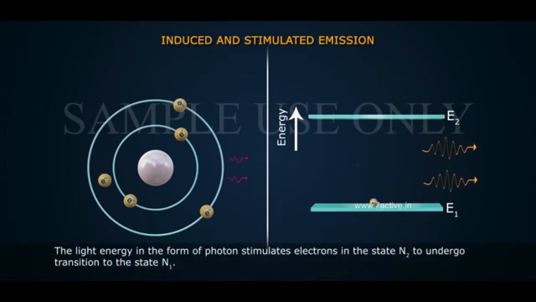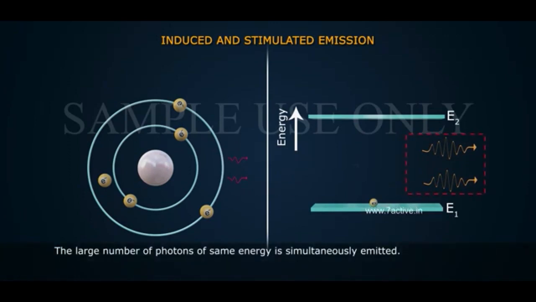The light energy in the form of photons stimulates electrons in the state N2 to undergo transition to the state N1. A large number of photons of the same energy is simultaneously emitted.